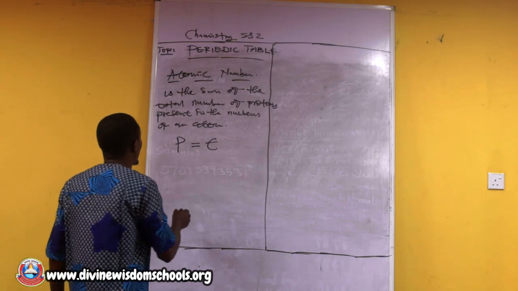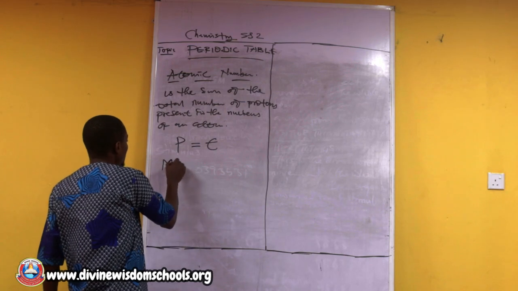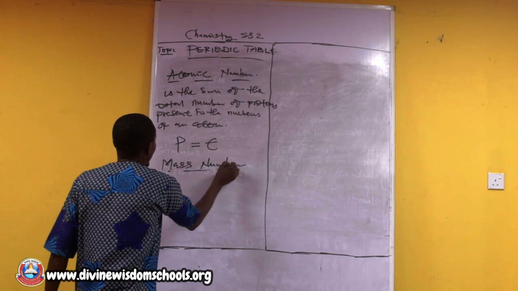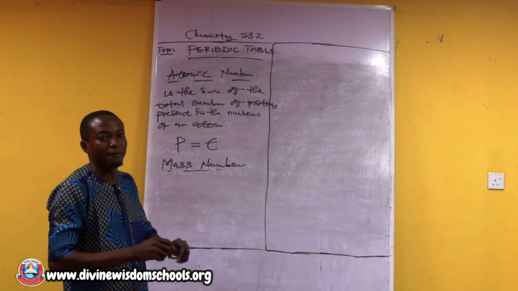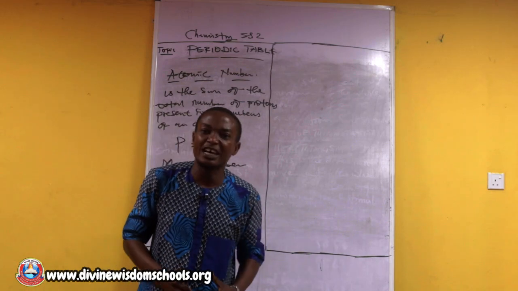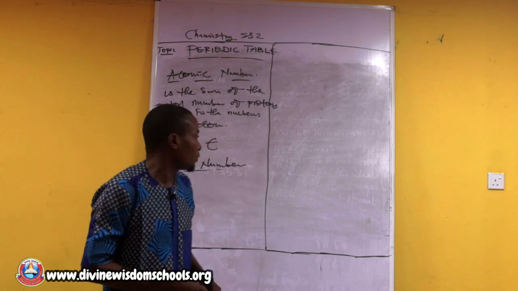So, let's move on to what we now call the mass number. The mass number is the sum total of the numbers of protons and neutrons that are present in the nucleus of an atom. Are we together now?